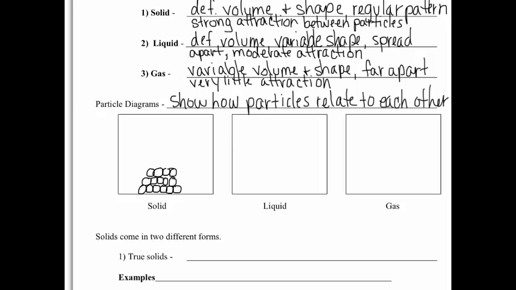In a liquid, they're going to go all the way across the container so that you can show that they're taking the shape of the container they're in, but they're not nearly as organized as the solid. And then the gas, you're going to show them very far apart and spread through the whole space.